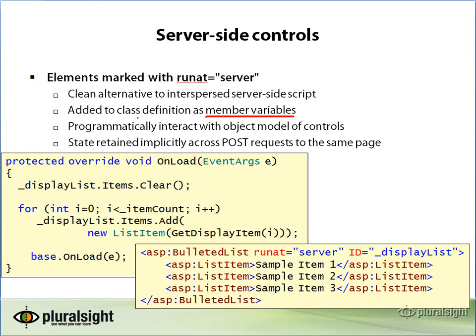You can actually programmatically manipulate the objects that are added to your class definition. And this gives you a much cleaner way of generating content dynamically and having it rendered to the client without having to clutter the markup on your page.